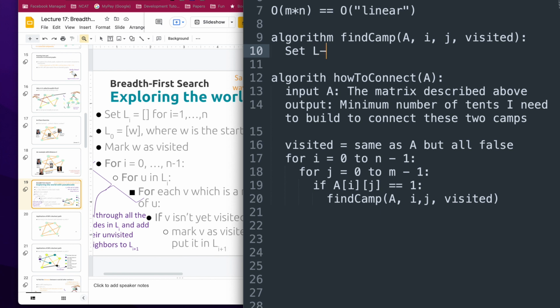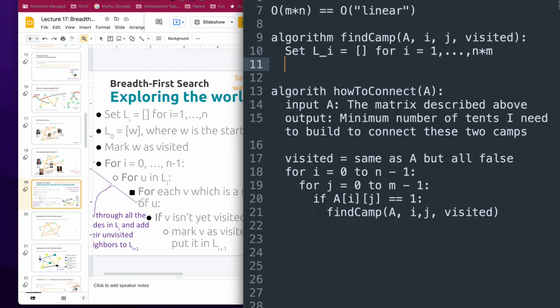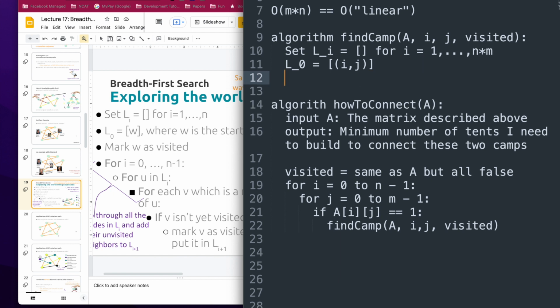So let's set Li to the empty list for I equals 1 to n times m. So for every single possible node, we're going to say the level is empty, right? Then we're going to say L0 is equal to ij. So this is the first node we're going to look at, where w is the starting node.